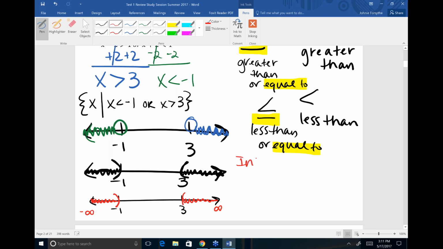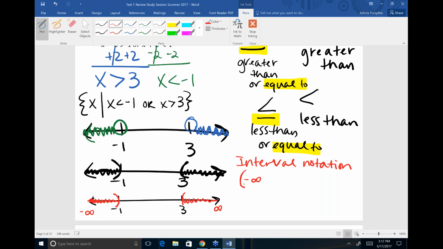So interval notation will look like this. We want to express these shaded regions as intervals. So we always think left to right. Starting from the very left, based on what is shaded, we're going to start with negative infinity. And you always use parentheses by any infinity, whether it's positive or negative, because it's not a defined number. A bracket is there to either say we are including this or we are definitely stopping here.